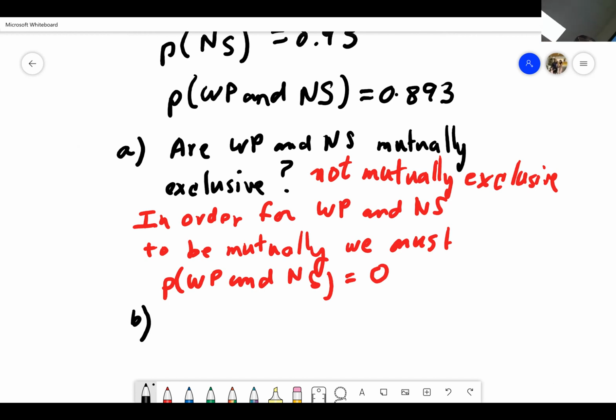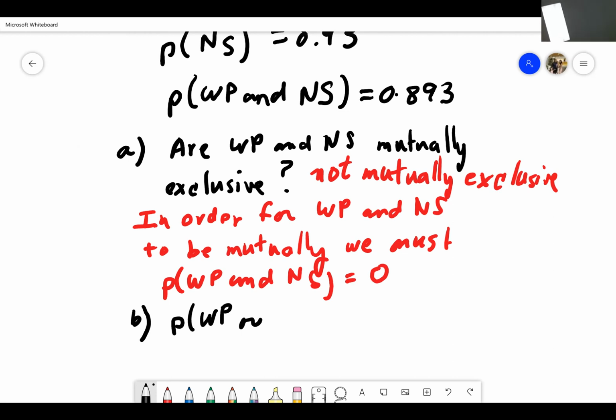Okay, part B says, if a quality inspector randomly selects a can, find the probability that the can does not have a puncture or does not have a smashed edge.